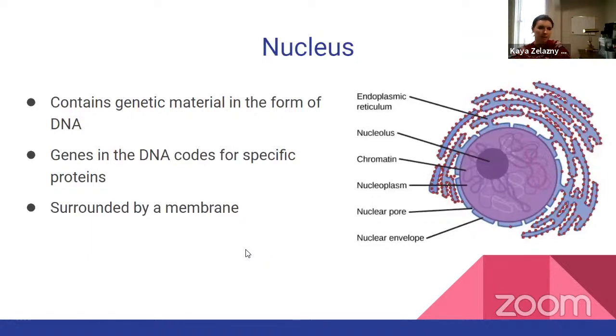Okay. So for making a protein, we're going to start in the nucleus. The nucleus is a very important structure that we see in eukaryotes, not in prokaryotes. And it contains the DNA, so it contains our genetic information, and it's encased in a membrane, right?